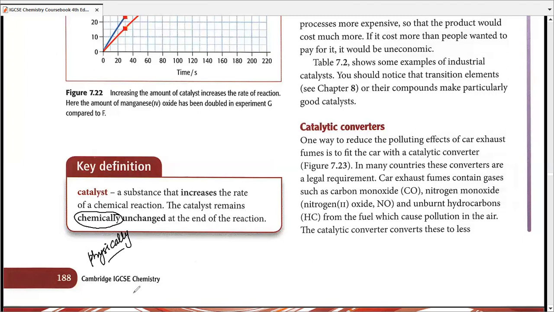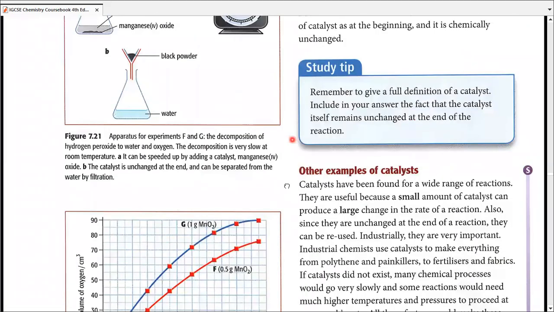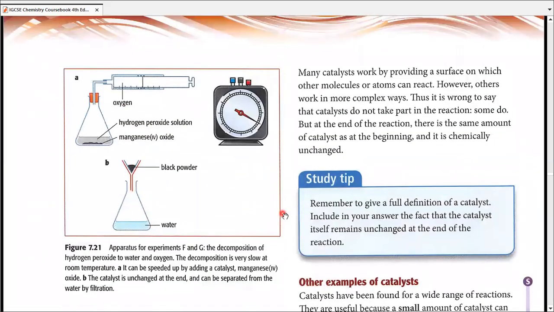So yes, it may physically change. It may melt, it may boil, it may be converted from a large lump to powder or from powder back to a large lump. Anything can happen to the catalyst physically, but the chemical identity of the catalyst will not change. So by the end of the reaction, you'll have the same amount of the catalyst with the same chemical identity.